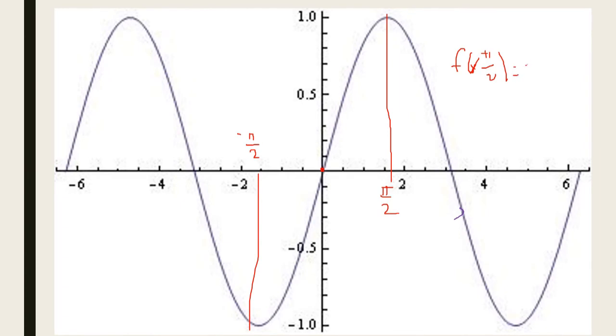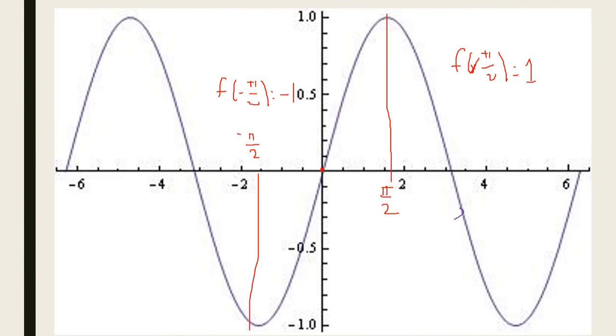On the left side, f of negative pi over 2 is equal to negative 1. So as you can see in the figure earlier, they have the equal distance from 0. So we could say that a sine function is an odd function.